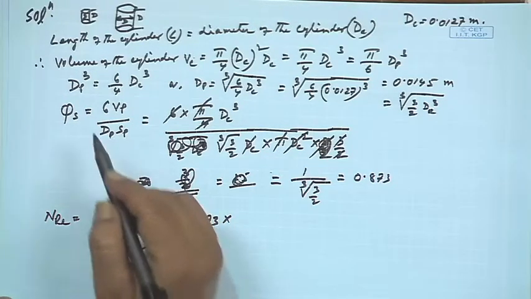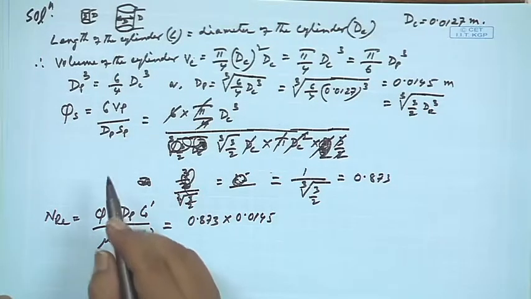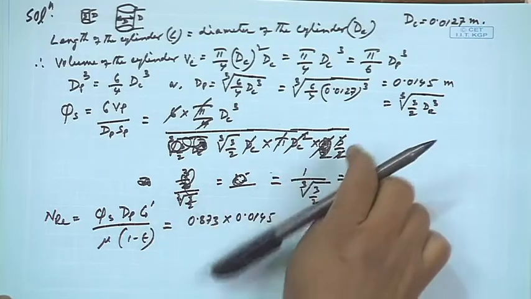That is the cube root of 6 by 4 times 0.0127 cube, so that goes out, dc, that is cube root of 3 by 2 dc, right. dc we have been given, so it came to be 0.0145, right. And G prime, is it given?